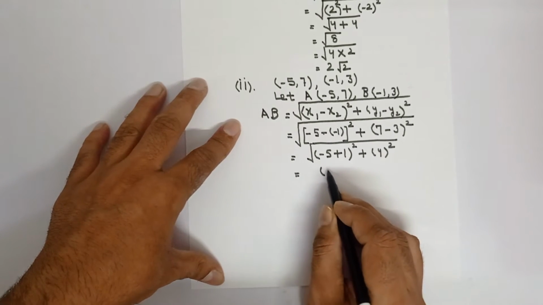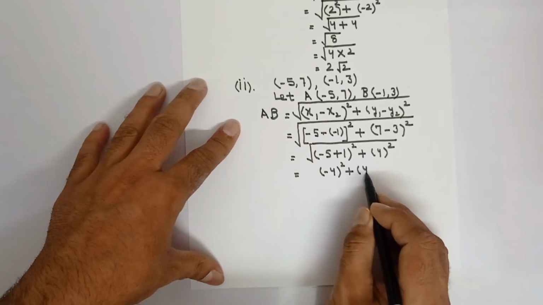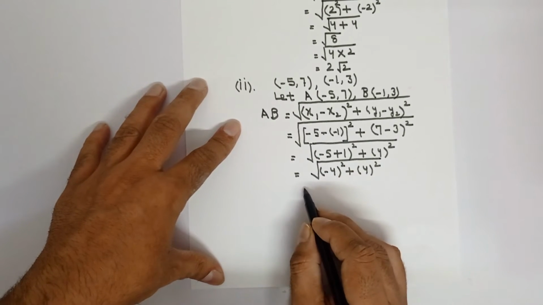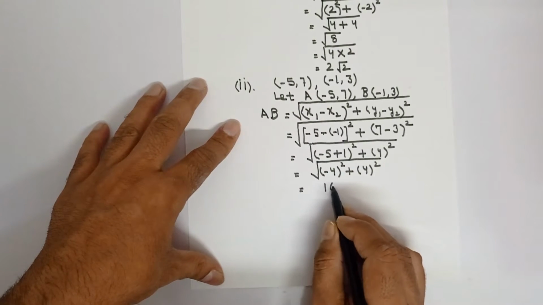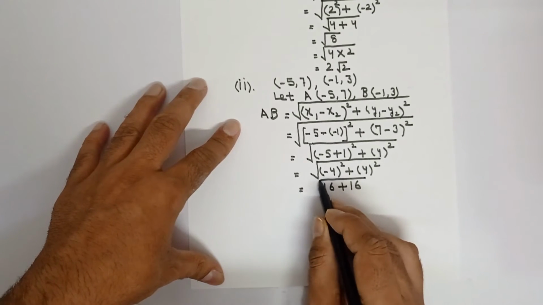Minus 5 plus 1 gives minus 4, and this is 4 square. Minus 4 square is 16 plus 4 square is again 16.